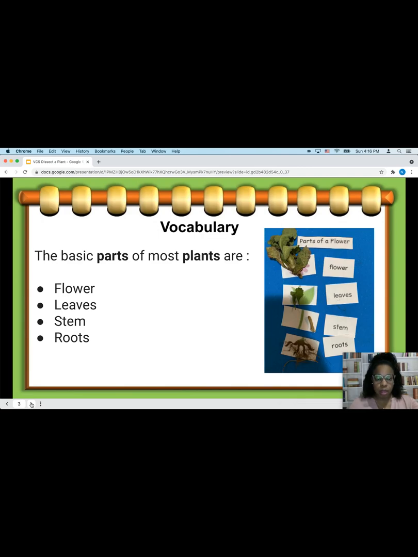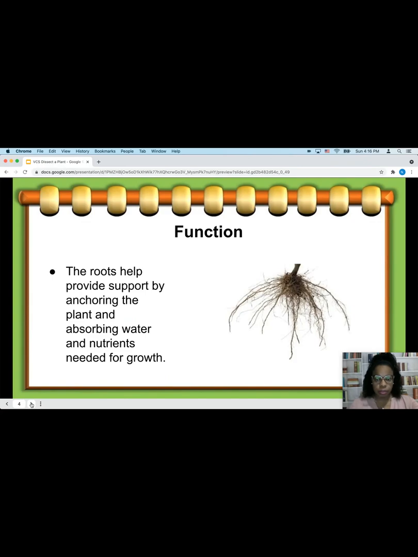Vocabulary. The basic parts of the plants are the flower, leaves, stem, and roots. Function. The roots help provide support by anchoring the plant and absorbing water and nutrients needed for growth.